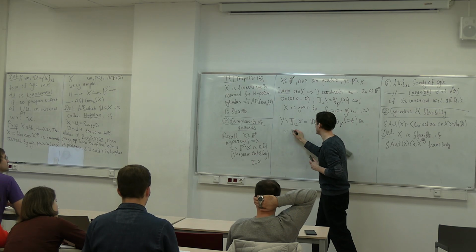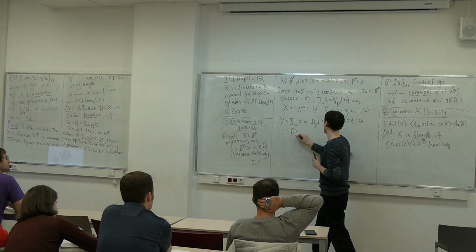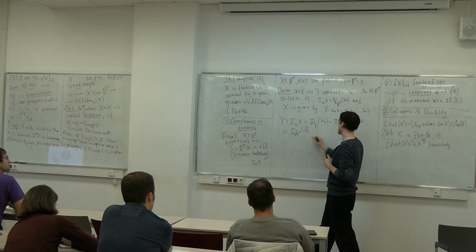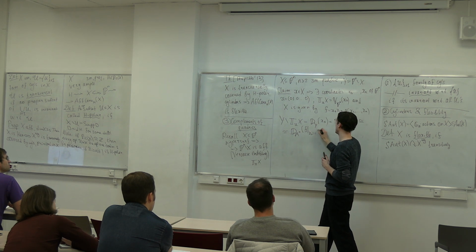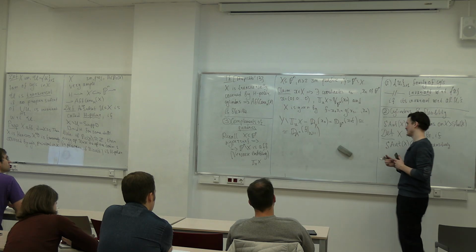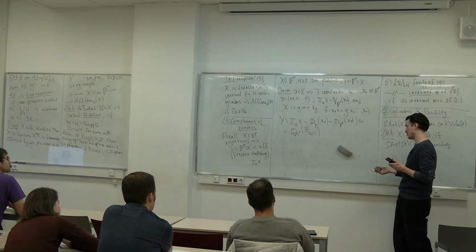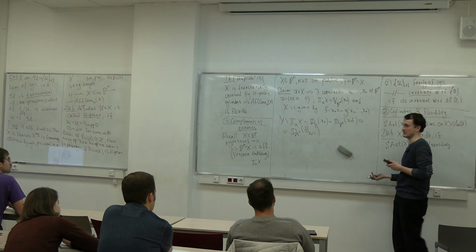So you get the principal open subset D of affine space of f restricted to x0 equals 1. Remove a hyperplane from a projective space, get an affine space.